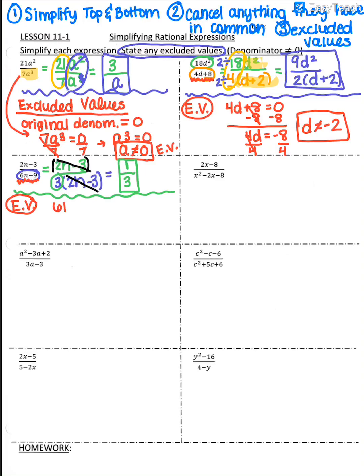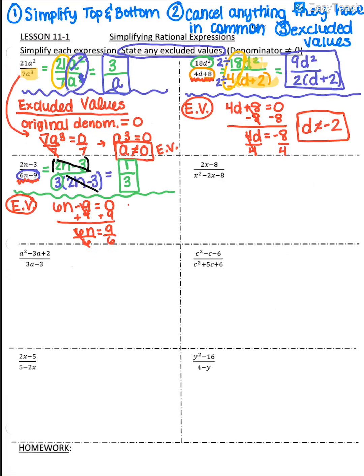So 6n minus 9 equals 0. So I'm going to add 9 to both sides, because I'm trying to move everything away from the n so I can solve it. So I get 6n equals 9, and then I need to divide both sides by 6.